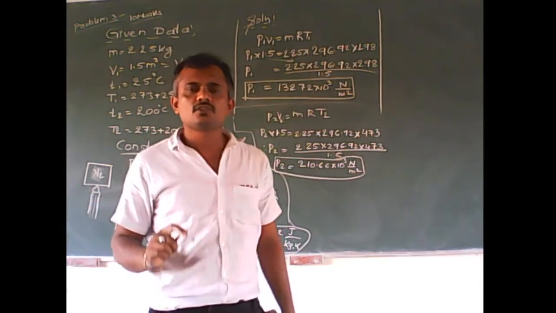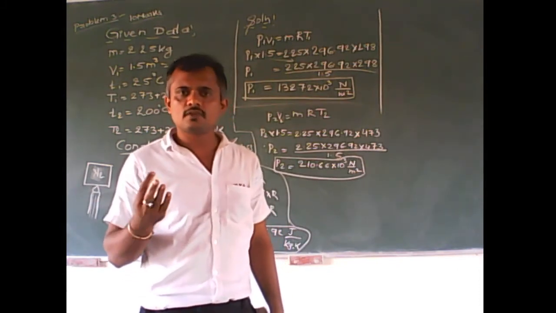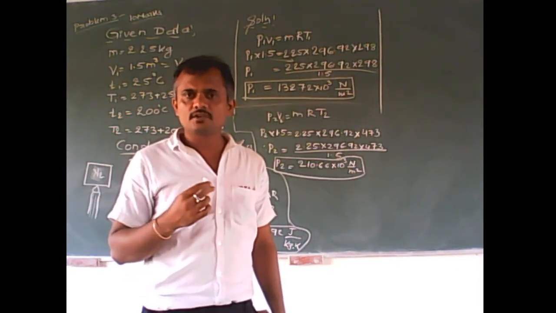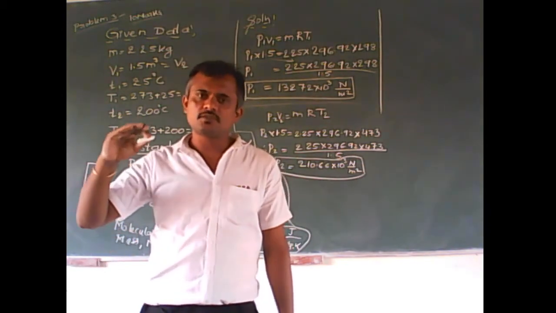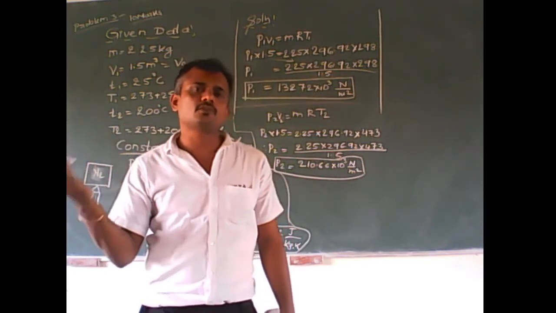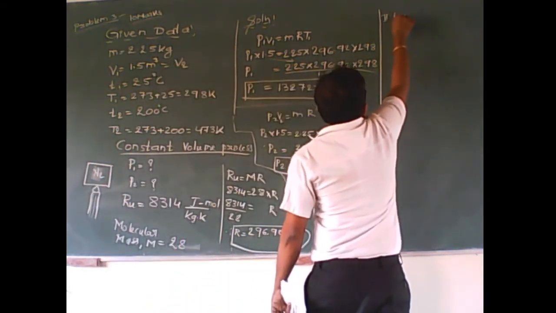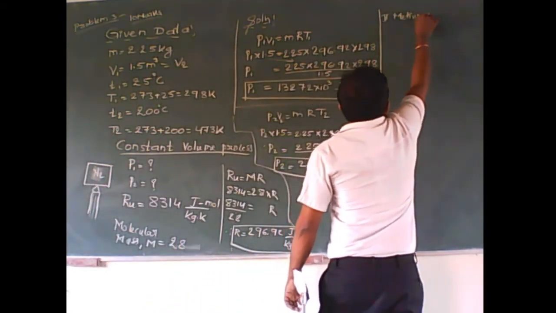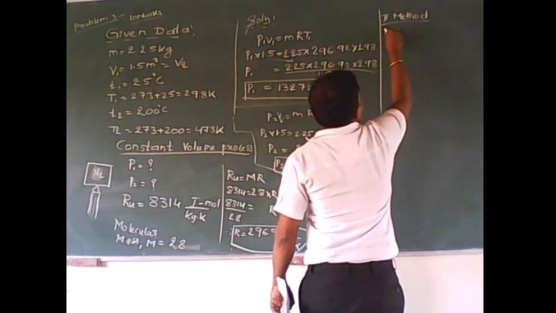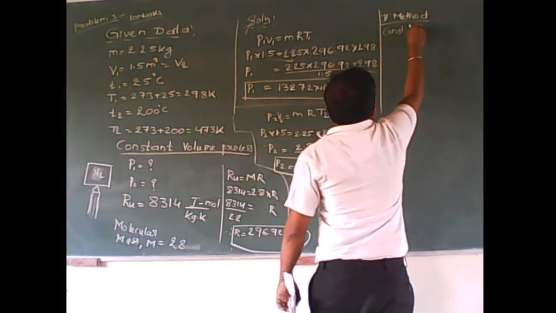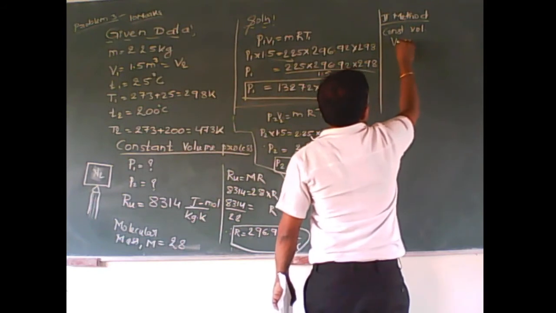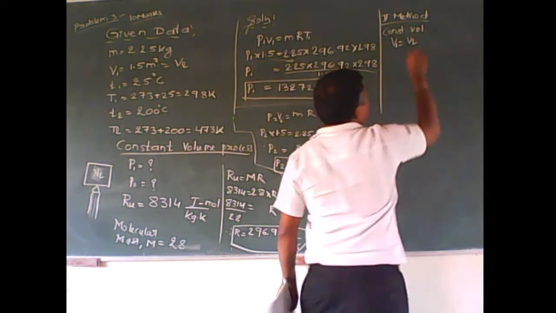but the only thing is you should have a good knowledge in considering V1 equals V2, or P1 equals P2, or T1 equals T2. So, another method, the second method, is for constant volume. Constant volume, V1 is equals to what? V2. Is that right?